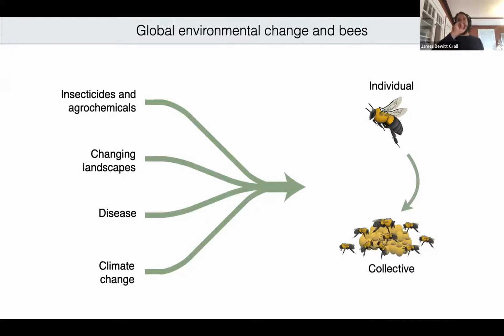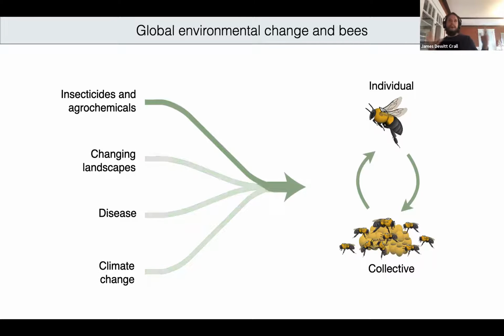We also want to understand not just those direct impacts on individuals, but how those scale up to whole group level impacts, and also how that social context might feed back to and potentially modulate individual effects of these stressors.